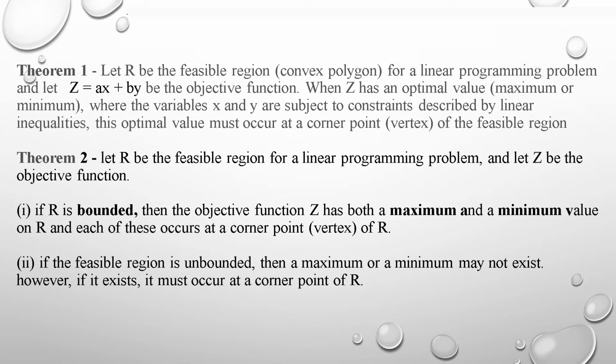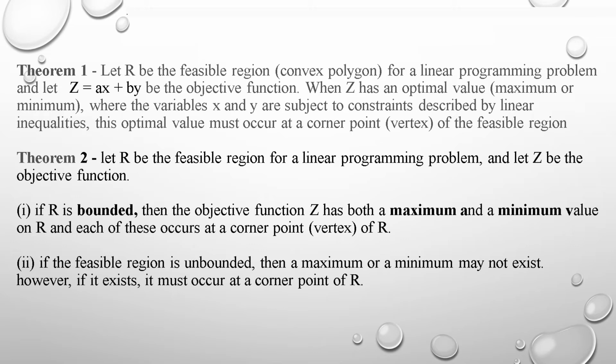Theorem number 1. Let R be the feasible region for a linear programming problem and let Z = ax + by be the objective function. When Z has an optimal value, meaning maximum or minimum value, where the variables x and y are subject to constraints described by linear inequalities, then this optimal value must occur at a corner point or vertex of the feasible region.